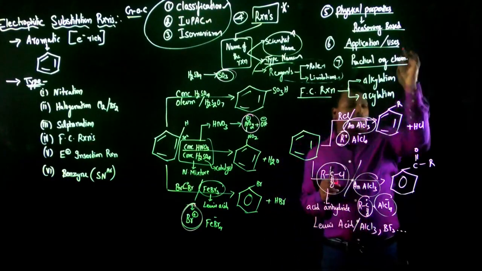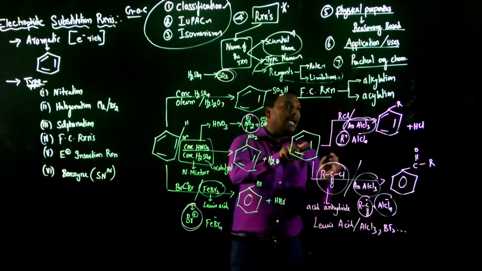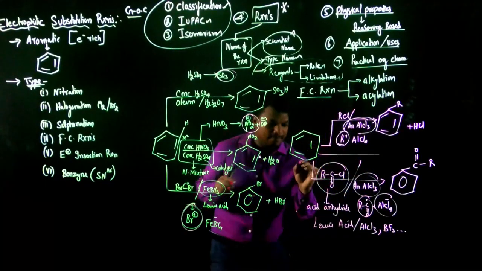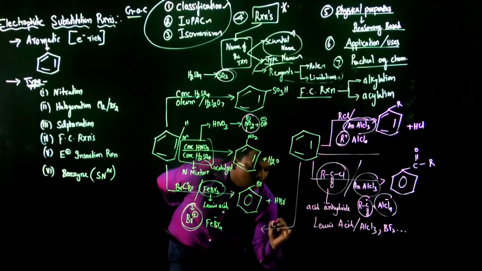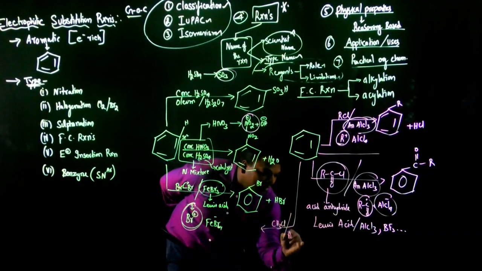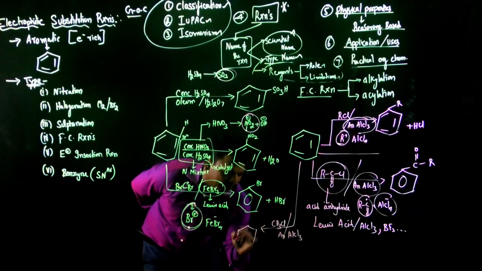Okay. Now I'll take benzene. Let me discuss few examples. In alkylation, generally we might have seen some reactions in your textbook. Maybe they'll take an ethyl chloride on treatment with anhydrous AlCl3. You will be getting toluene, right?